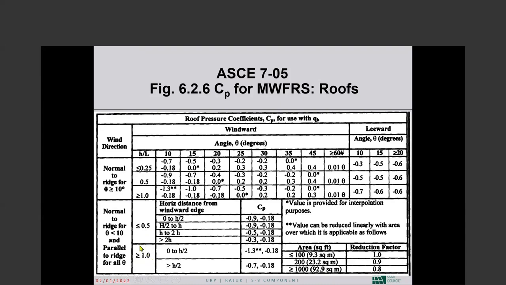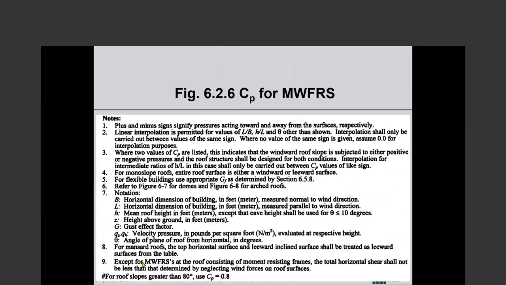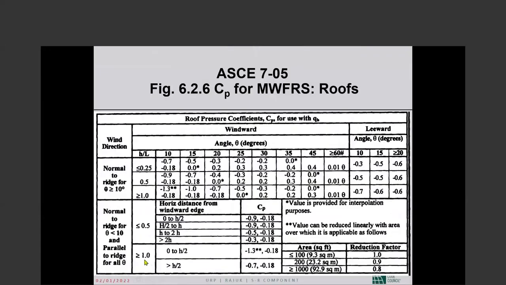Let's take this. H over L, so mean roof height is larger than or equal to the plan dimension parallel to the wind. So for the first length of roof equal to half the mean roof height, you have a suction of negative 1.3.